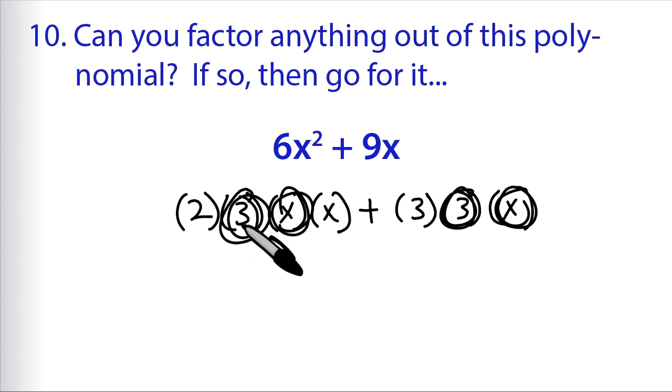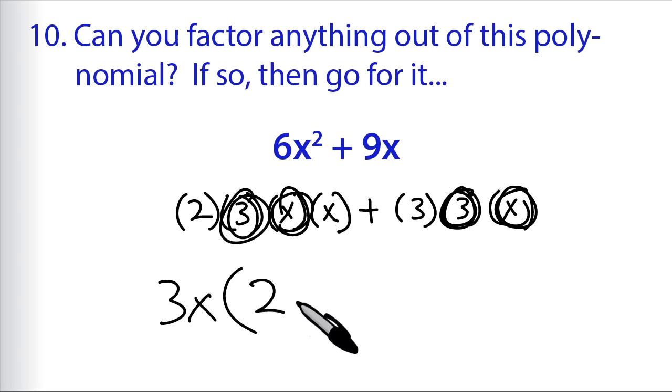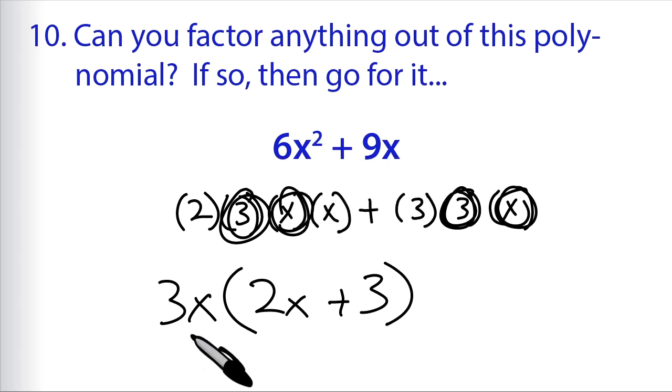So we can factor out 3x from each term. So let's put 3x out here. And then in the parentheses, for this first term, we have 2 times x. So we have 2x plus, and for this term, once we factor out 3x, all we have is a factor of 3. So when we factor out a 3x from 6x squared plus 9x, we have 3x times the group 2x plus 3.